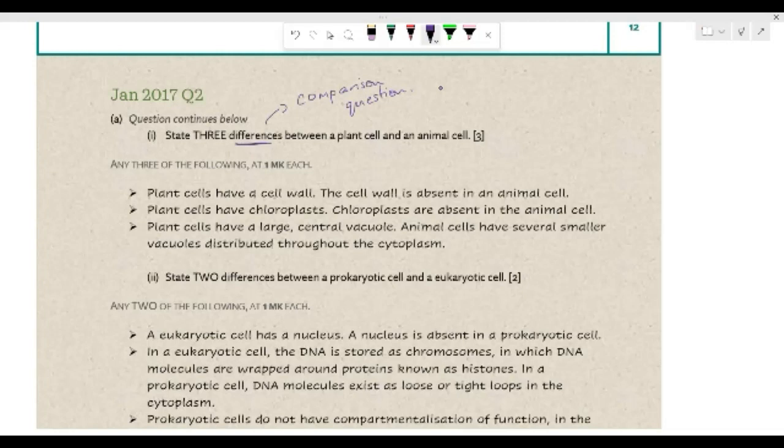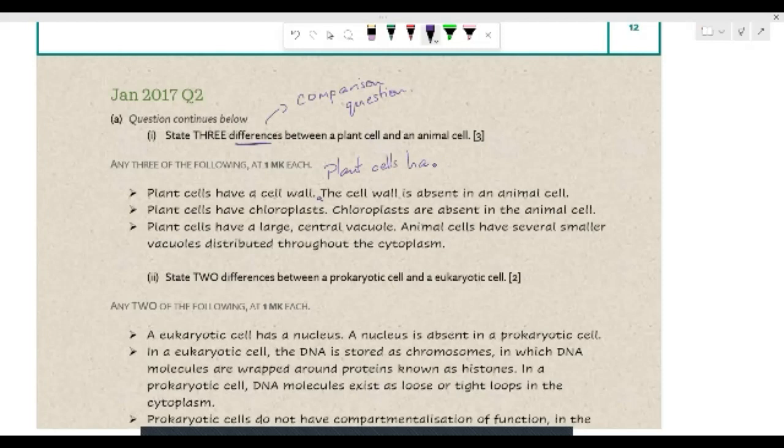Another way you can say that is you could add a little word like whereas. Let me write it out. So plant cells have a cell wall, whereas animal cells do not.